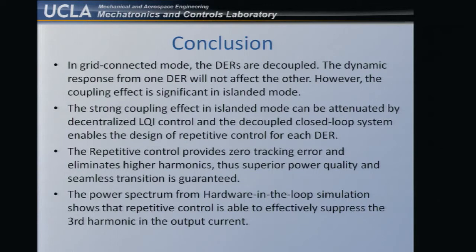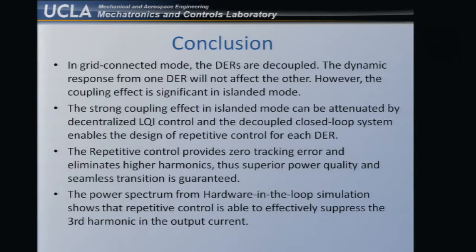Okay, so in conclusion, from the modeling and looking at the models, we can conclude that in grid connected mode, the DERs are decoupled, so it's easy to design the controller. But there's a coupling effect in the islanding mode, and you cannot do decentralized control by hand tuning, or it's very hard.